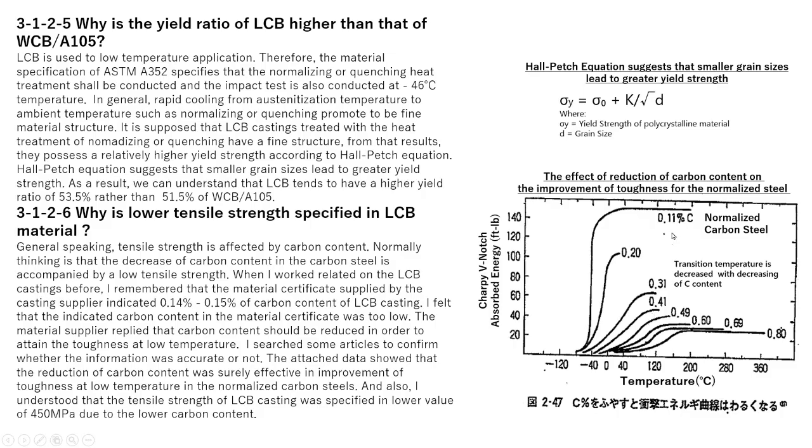Around 0.11% carbon content, the transition temperature is around minus 40 degrees Celsius, something here. So reducing the carbon content is very effective for low temperature toughness. 0.8% carbon steel we call eutectoid carbon steel.